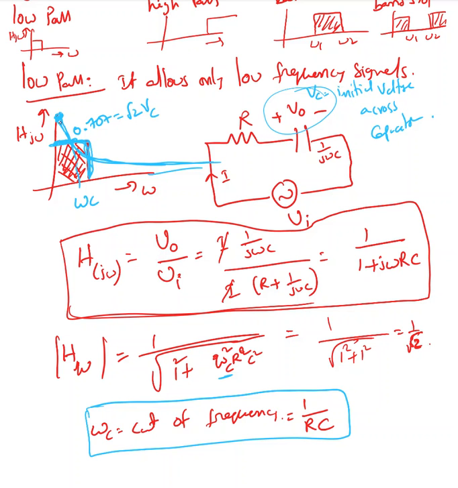As frequency increases, the voltage drop across the capacitor goes down. So it's exponential. Once it reaches 70.7%, that's where it cuts out the signal. It allows signal until the voltage across the capacitor reaches 1 over square root 2 times V naught, the initial voltage across the capacitor.